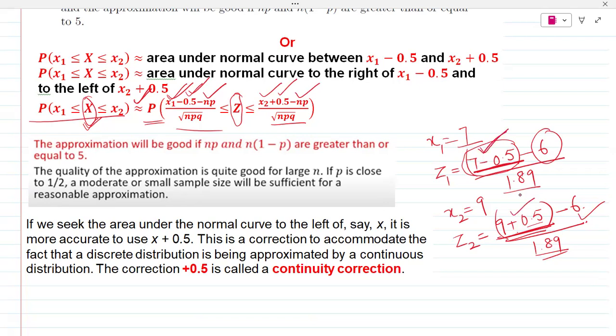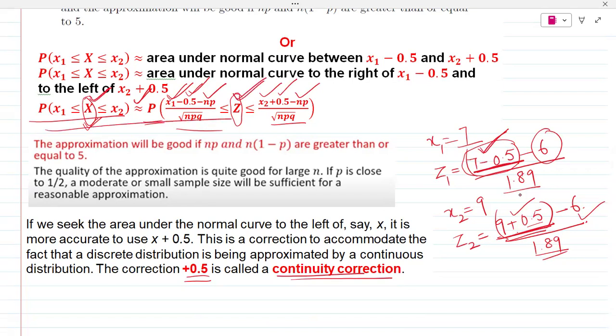This is important: this 0.5 is what we call continuity correction. Why is it named so? Because the binomial distribution is a discrete distribution, and the normal distribution is a continuous distribution.